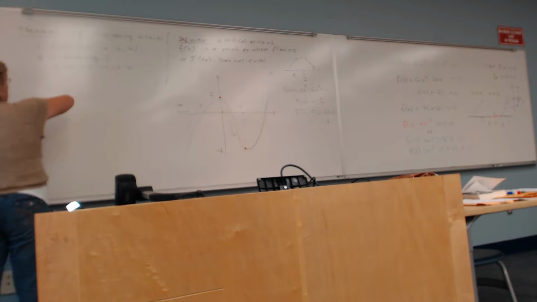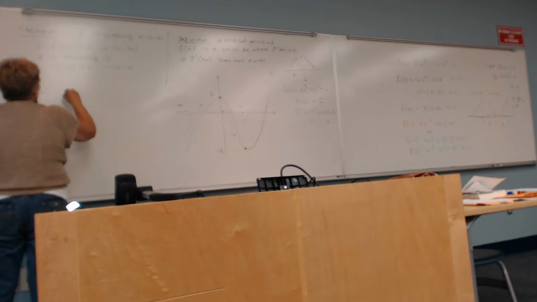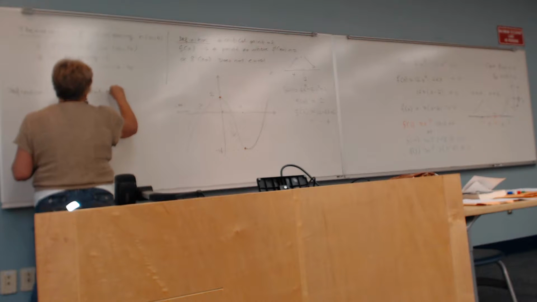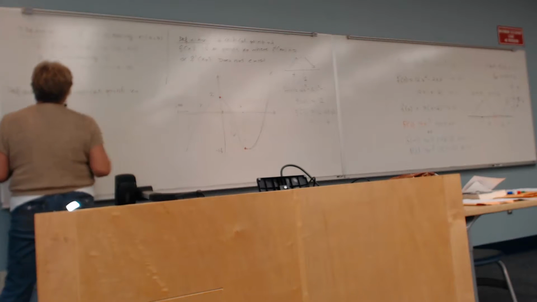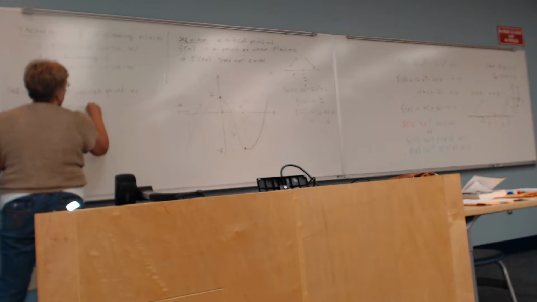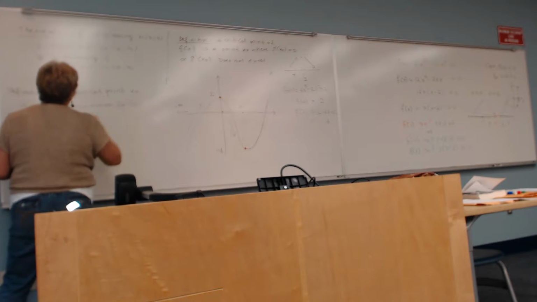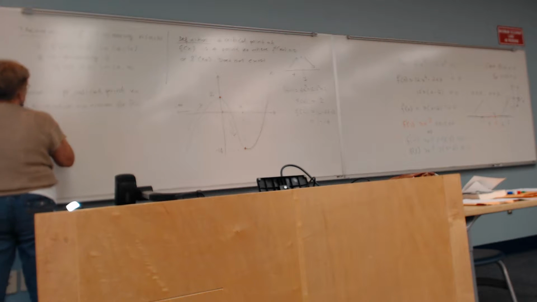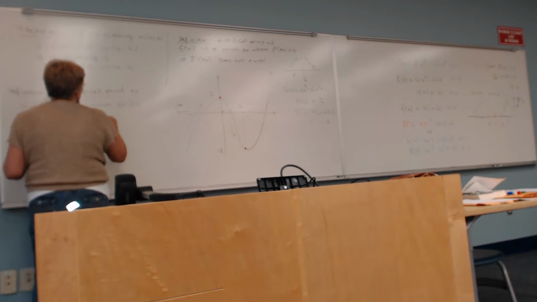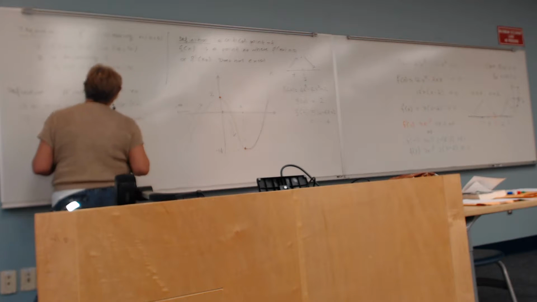Definition: a critical point x0 is a relative maximum for a function f of x if f of x is less than or equal to f of x0 for x near x0.